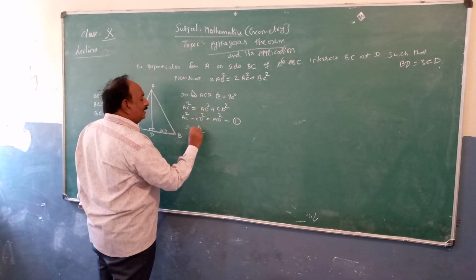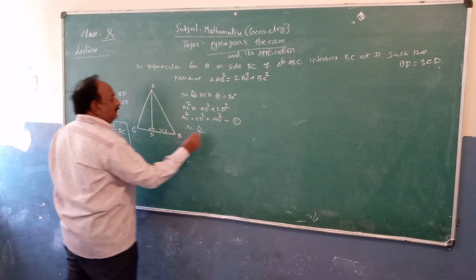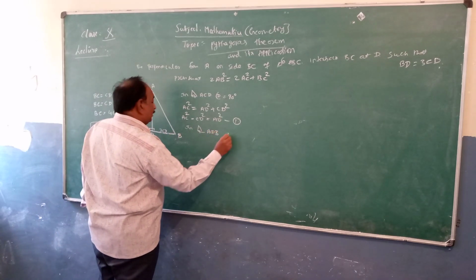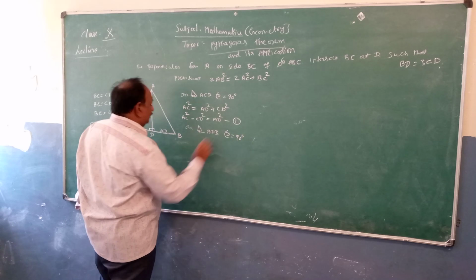In the right angle triangle ADB, angle D is equal to 90 degree.